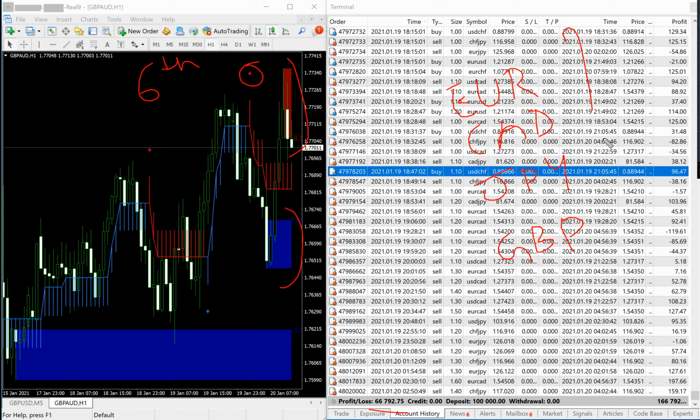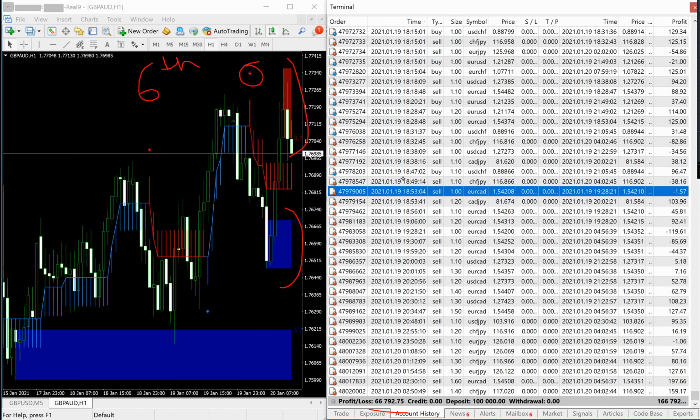All the currency pairs which include these currencies, we trade in this account along with grid lot size, and the grid lot size starts with 1.0. In previous videos I've shown how we use the grid along with compounding, so you can refer to the previous videos and verify everything there.